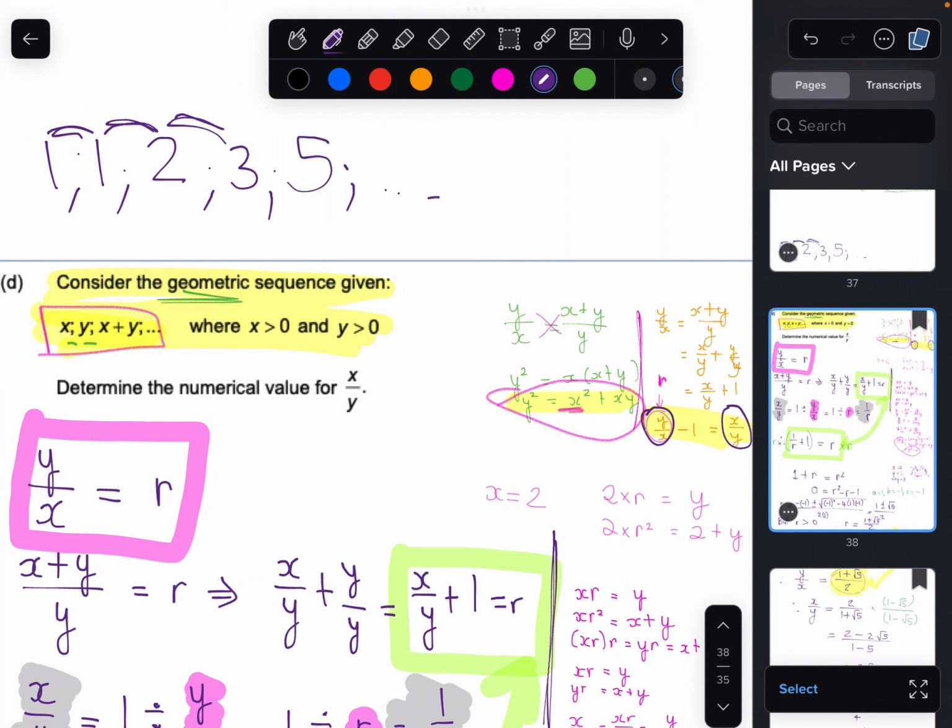And what they have found is that as this sequence goes and goes and goes, the ratio between a term and the term before it becomes closer and closer to this number, the golden ratio, 1 plus root 5 divided by 2. And so it makes complete sense that that is the ratio that would show up in this geometric sequence.